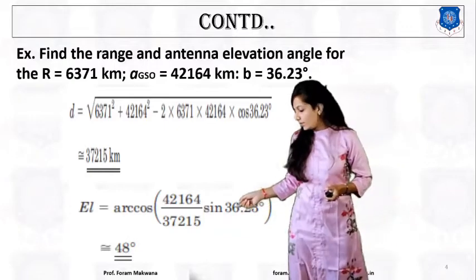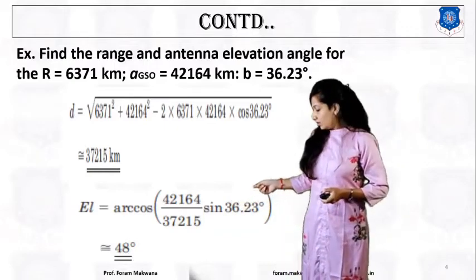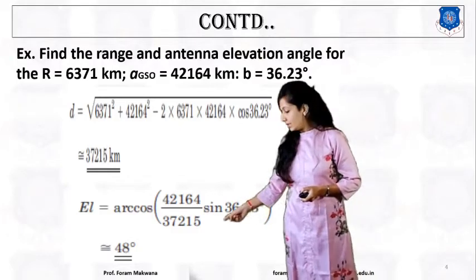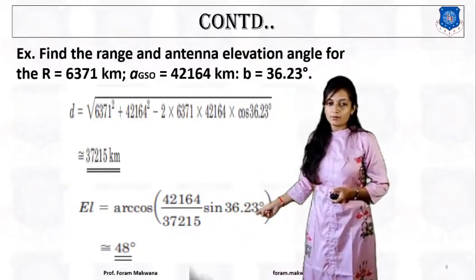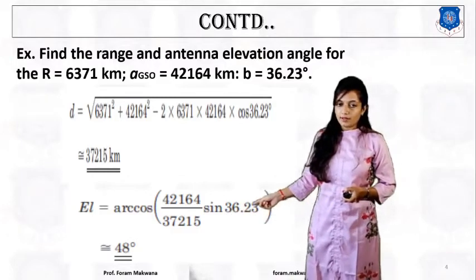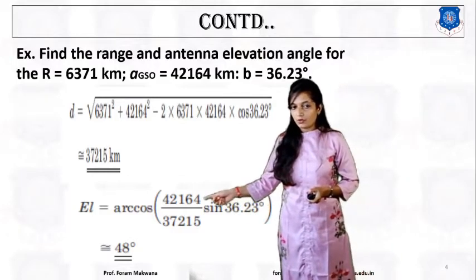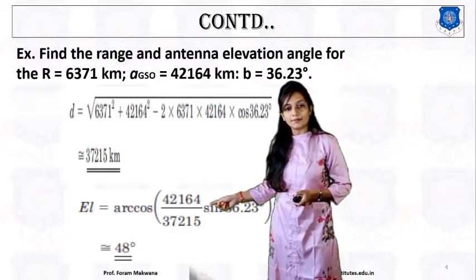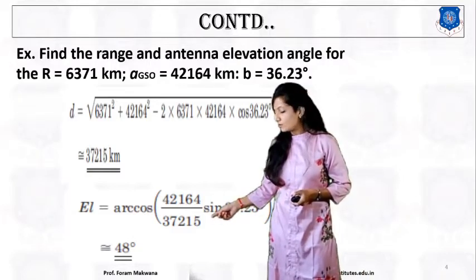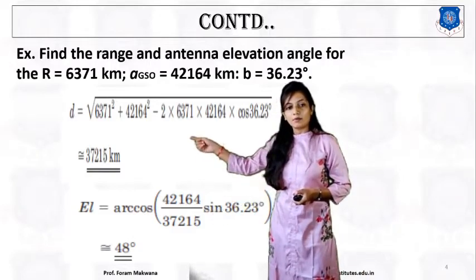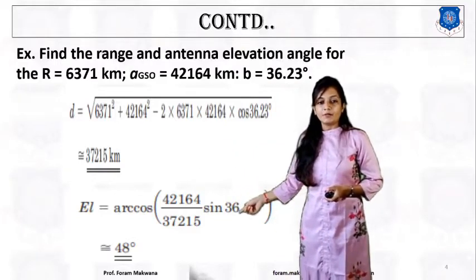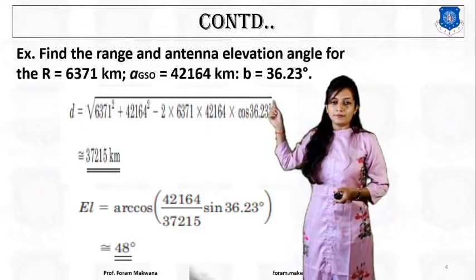That is the cos inverse of AGSO upon d into sin b. What is the value of AGSO? 42,164 kilometer. Small d comes from here, and b is already given.